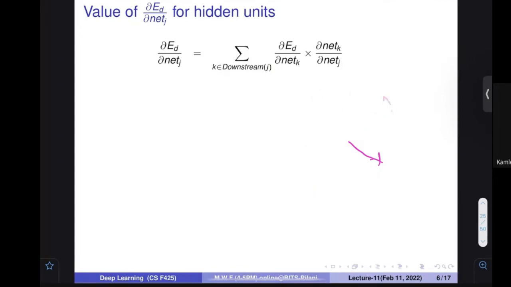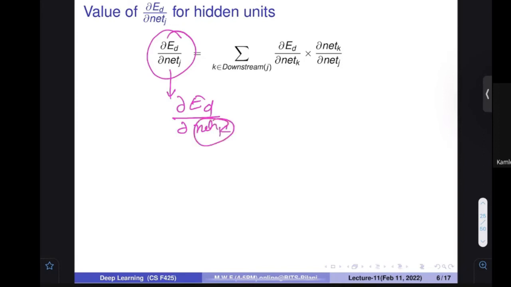So in this formulation, there is again a problem, since it is not going to be dependent on the same thing. So you can take it towards the output layer and say that it is del E upon del net k, and then del net k divided by del net j.